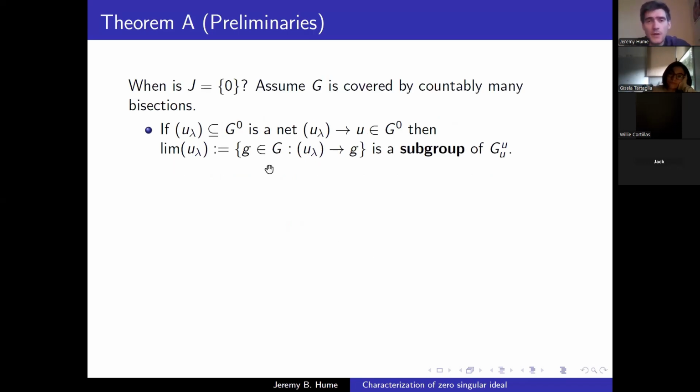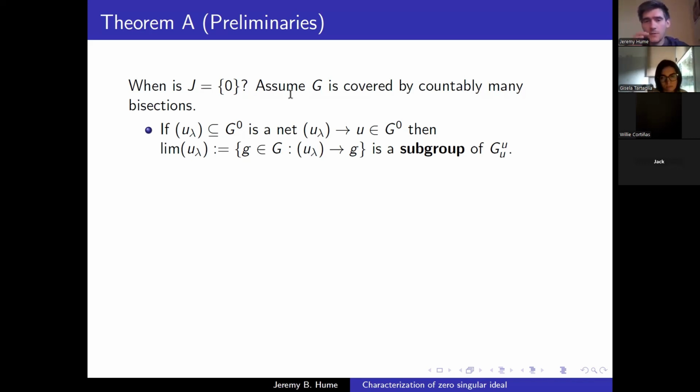In my paper, I characterize in full generality when the singular ideal vanishes in terms of a sort of groupoid property. For starters, we can always assume that the groupoid is covered by countably many bisections if we just want to characterize when the singular ideal is 0. The reason is that if you have a non-zero singular ideal, it'll always intersect the C-star algebra of some open subgroupoid which is covered by countably many bisections.